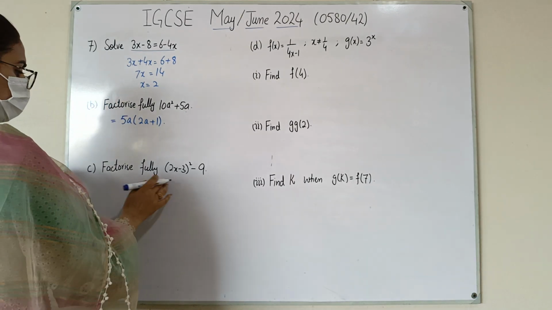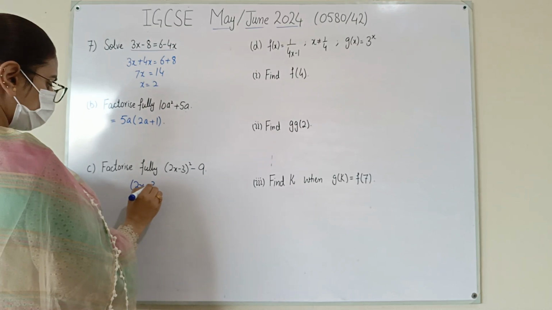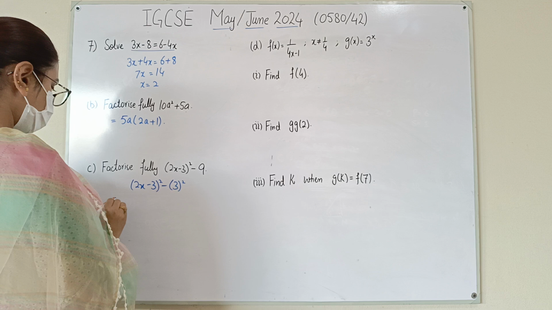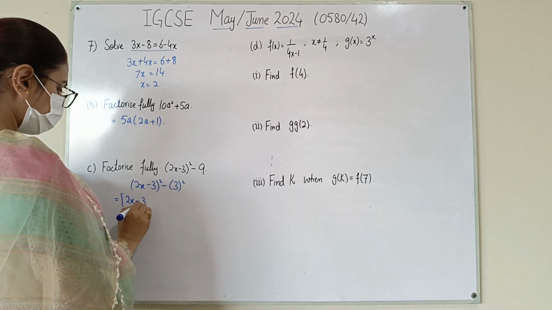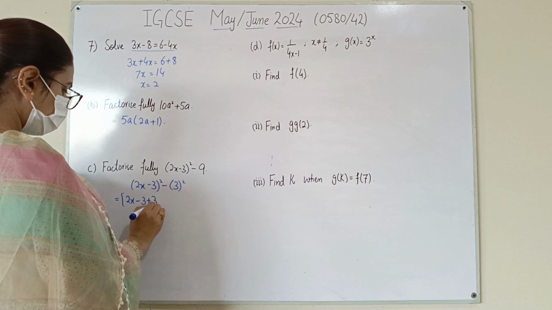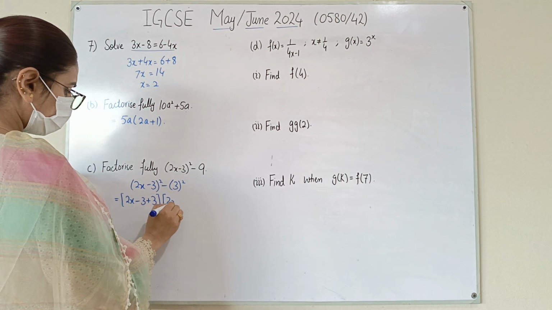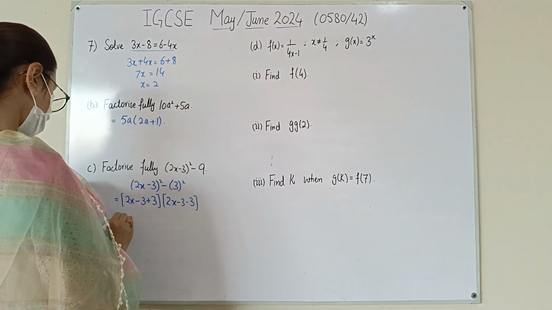Factorize fully this one. First of all, you have to write this as 2x minus 3, and this 9 can be written as 3 squared. So this can be factorized by a formula, which is quite simple. You have a plus b, and you have to write this over here a minus b. So what is the answer over here?